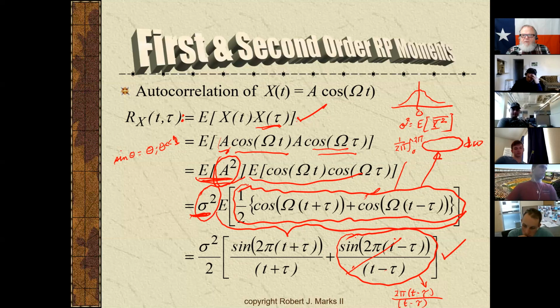Is that okay? So for the numerator, for very, very small arguments, that is t is equal to tau plus a billionth or something like that, the sine of 2 pi t minus tau is the same as 2 pi t minus tau. The denominator stays the same, so this goes to 2 pi when t is equal to tau.